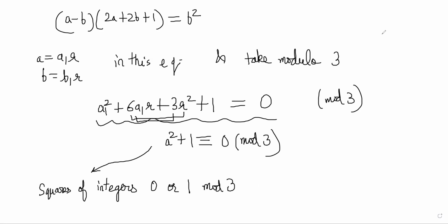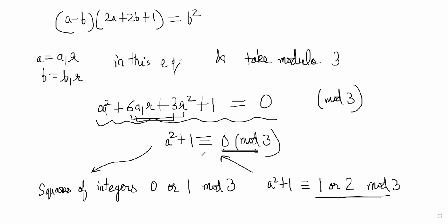You can check, all the squares of integers are always 0 or 1 mod 3. So therefore A1 square plus 1 will be either 1 or 2 mod 3. But that is a contradiction because here we are getting it as 0 mod 3. So that proves that B minus A is not positive, right?